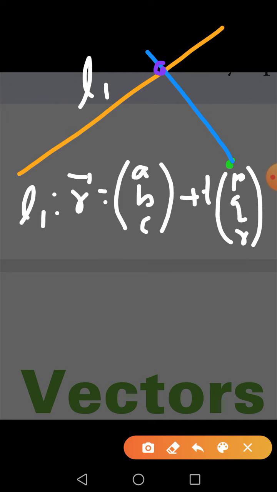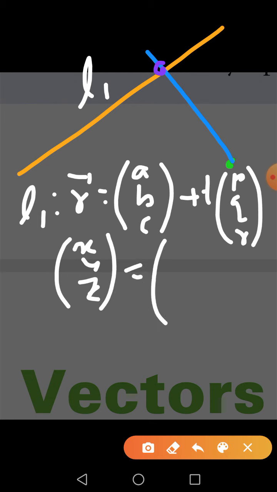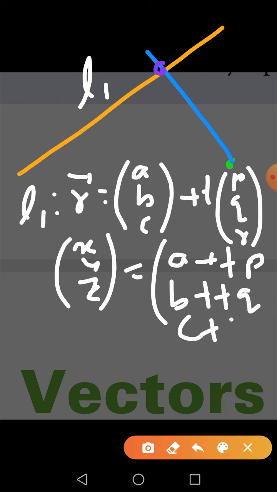So we can say that (x, y, z), which is equal to r, can be equal to (a + tp, b + tq, c + tr). Okay, so x is equal to a plus tp, y is equal to b plus tq, and z is equal to c plus tr.